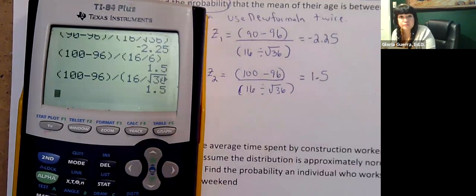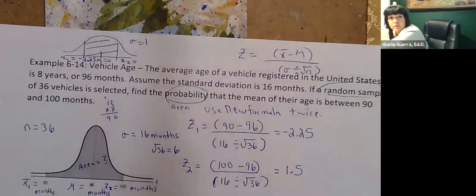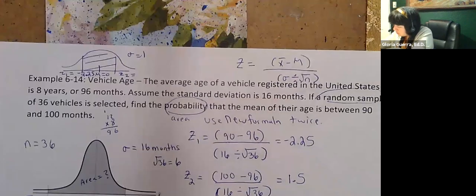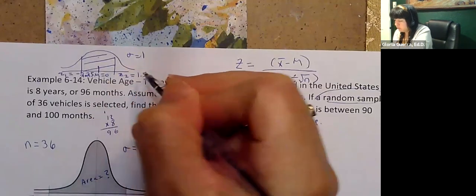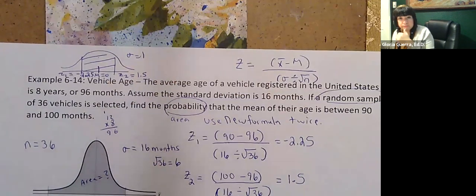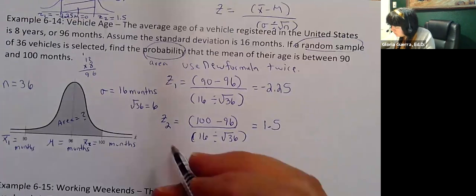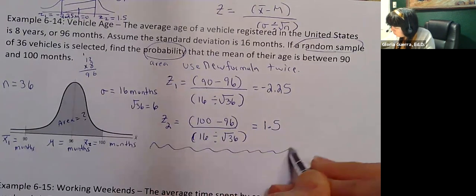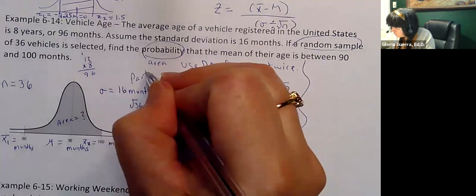And then that goes right here. Okay, so that's your new picture. Now we're going to use the table. So that's like part 1, finding those.